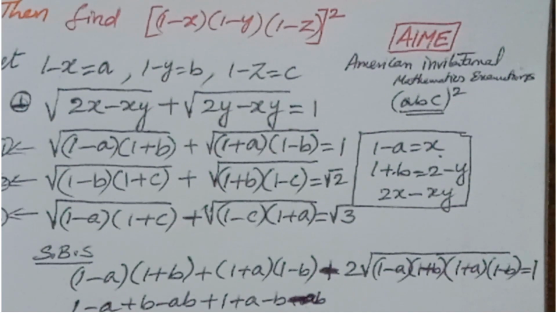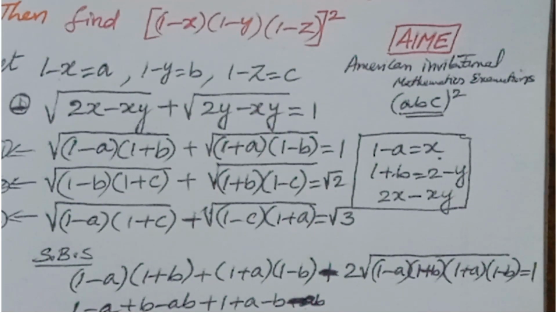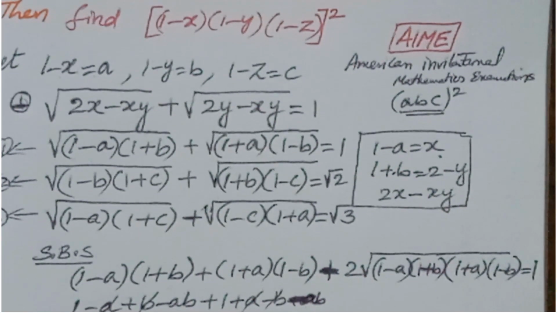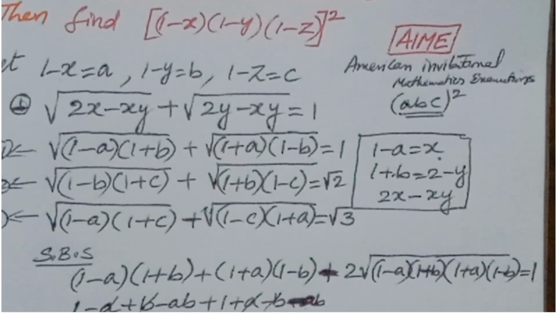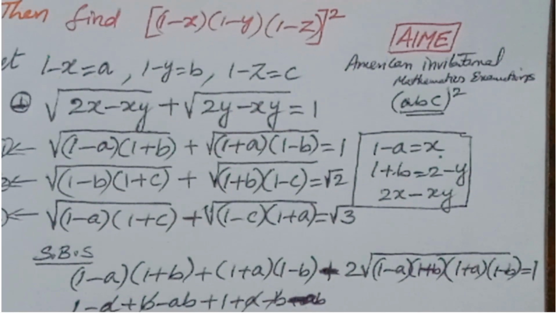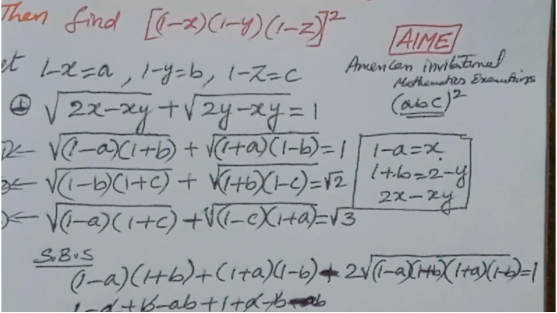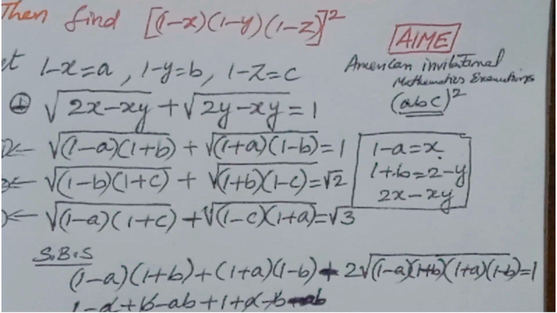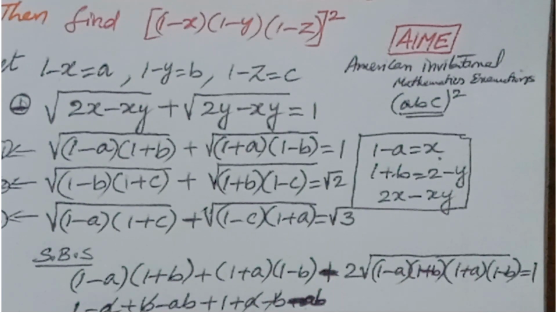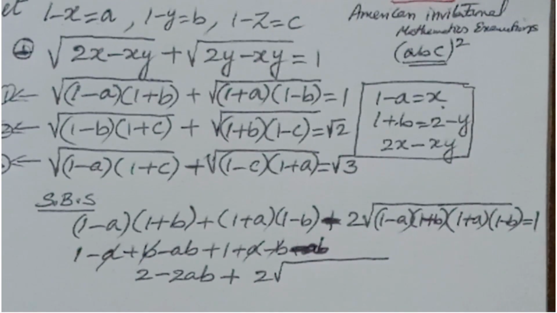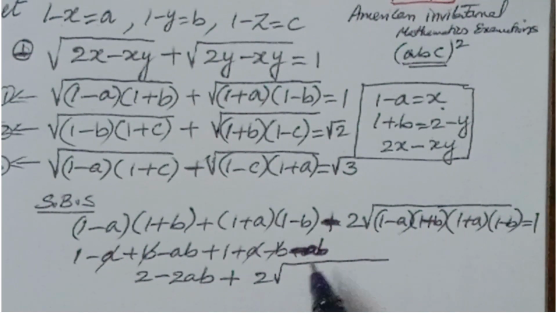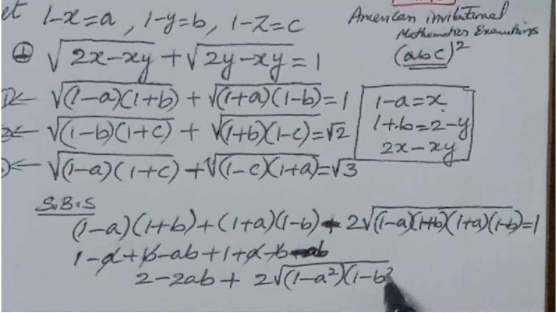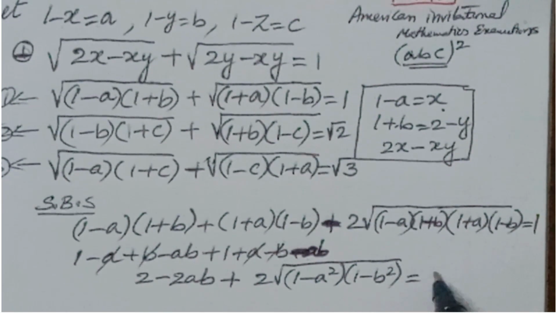Here a cancels and b cancels. We get 2 minus 2ab, plus 2 root of (1 minus a square) into (1 minus b square) is equal to 1.